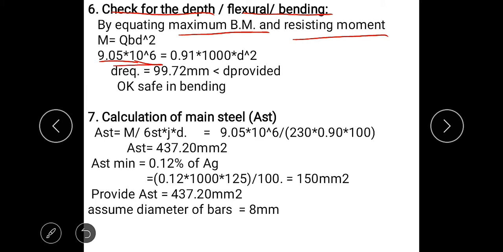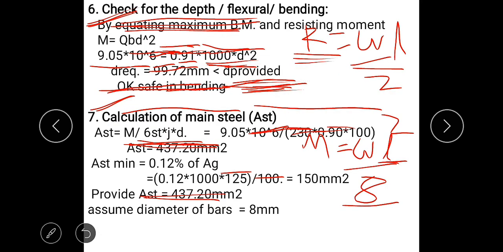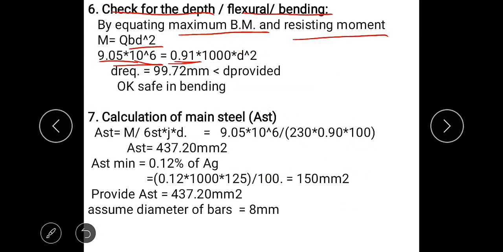The formula for the moment is Q b d squared. Q is the resisting factor we calculated in the second step, which is 0.91. Width is 1000, since we calculate for 1 meter, and now we have to find the depth required.